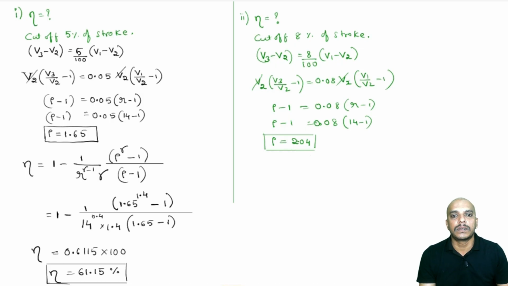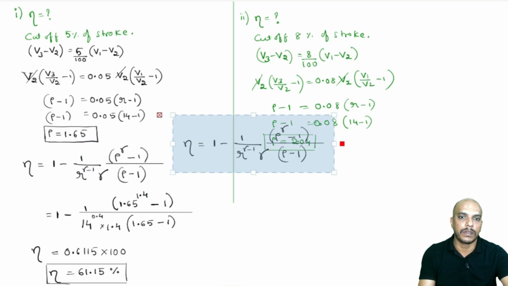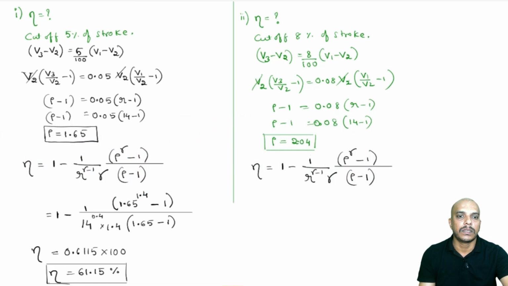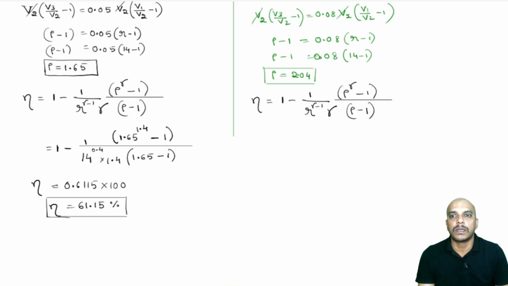Now, for this cutoff ratio, let us calculate the efficiency. Our efficiency equation, we have it from here. Efficiency is equal to 1 minus 1 by 14 power 0.4 into 1.4, this is same.